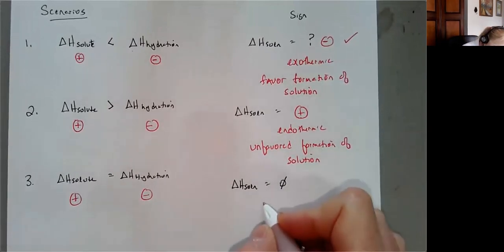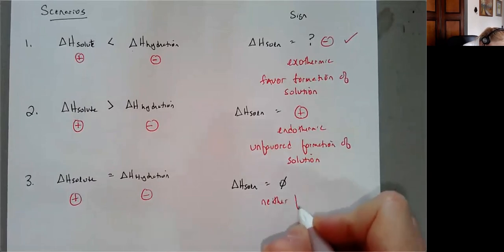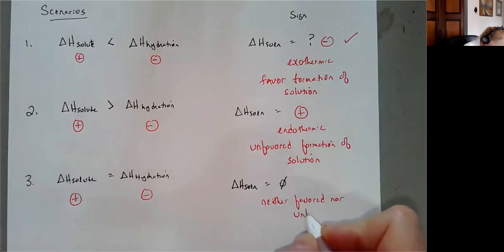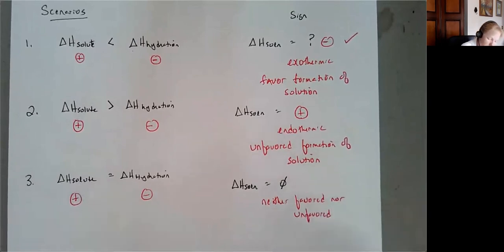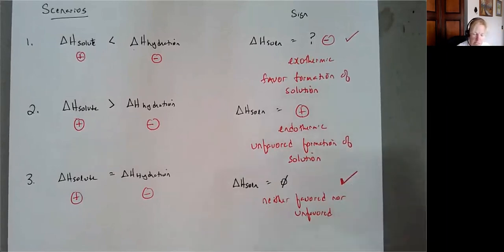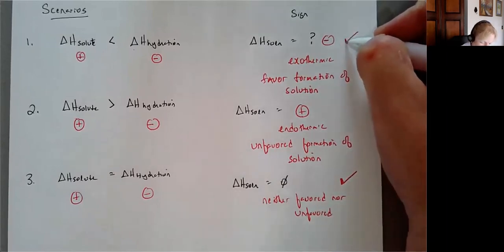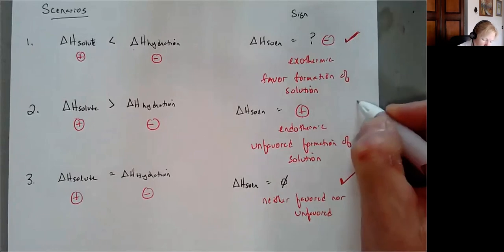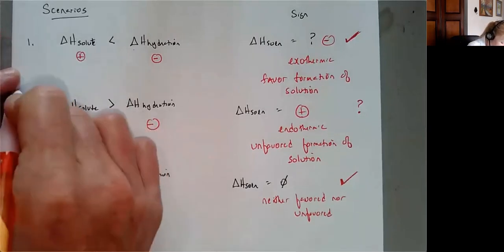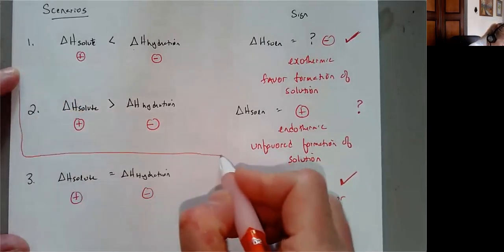This is going to be neither favored nor unfavored from an enthalpy standpoint, but that solution is still going to happen because it's favored from an entropy standpoint. And so this will depend. This is our scenario where I'm not sure if that solution is going to form. It's just going to depend on the magnitude here that's happening.